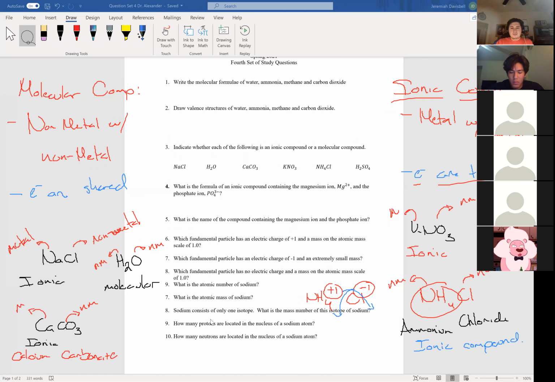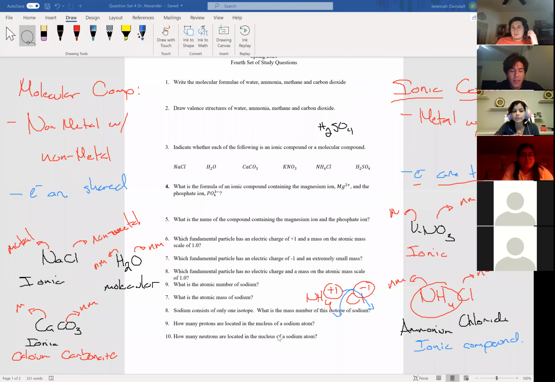Okay, and then our last one, H2SO4. Ionic? Yes. Actually, that's weird. Why is it considered ionic, guys? Is it hydrogen, sulfur, and oxygen?